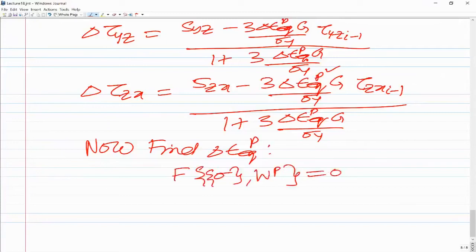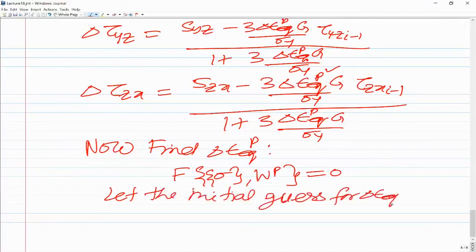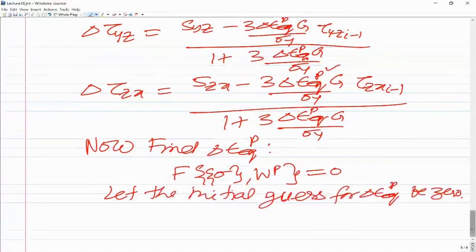Because this is again a nonlinear equation, you have to use the Newton-Raphson method, so we need an initial guess. Let the initial guess for delta epsilon equivalent p be 0. You can actually take it as 0, the initial guess, and then use the Taylor series.